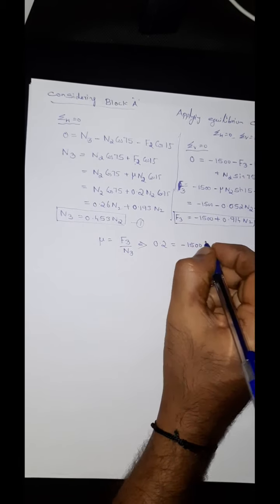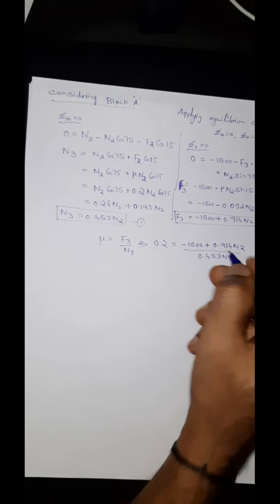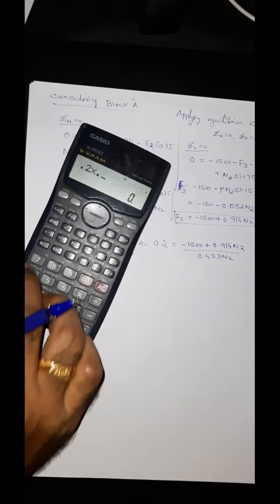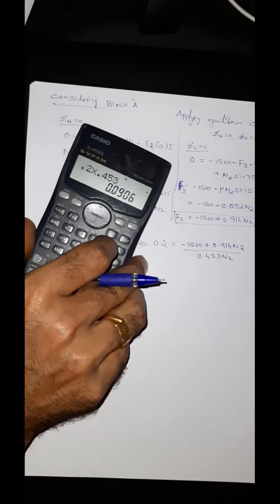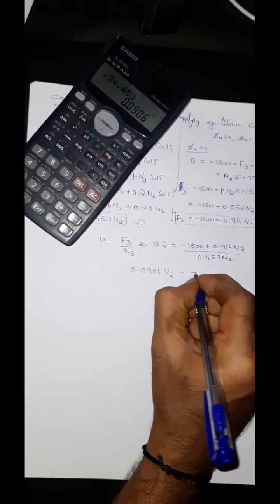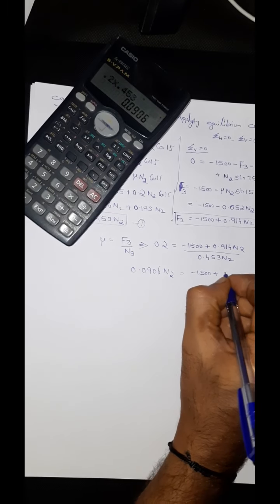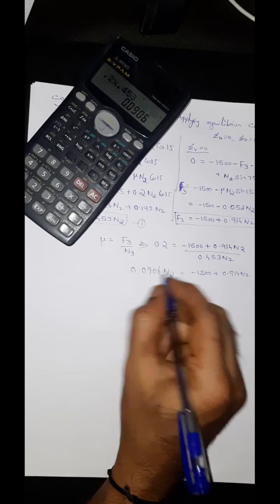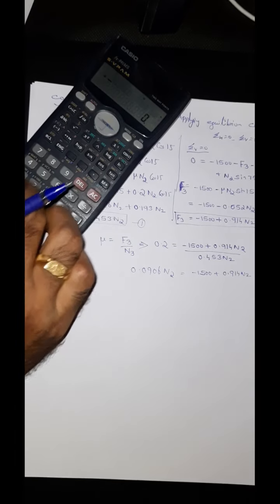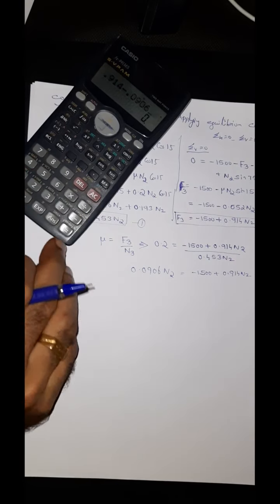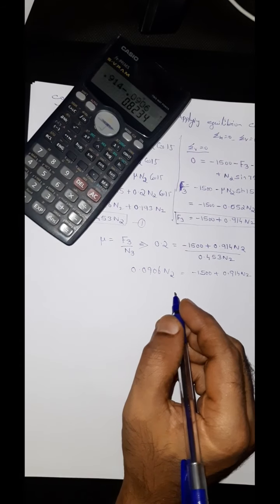So N3 is 0.453 N2. So you cross multiply, 0.2 into 0.453 equal to 0.0906 N2 equal to minus 1500 plus 0.914 N2. You just bring in that side 0.914 minus 0.0906 equal to 0.82, right?